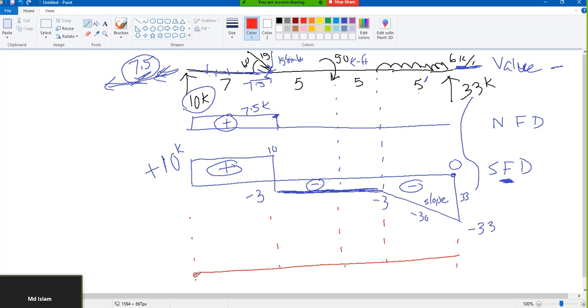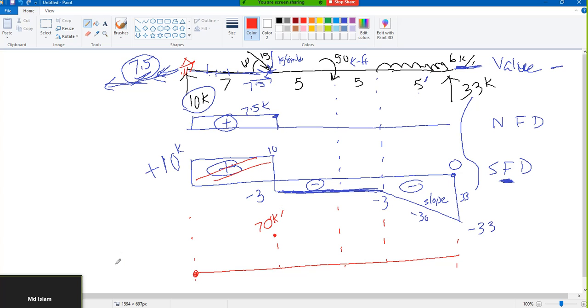At the beginning, what is my moment? 0. Why 0? That was a pin support. A pin support cannot take any moment, so 0. Then what is the area of this portion? 10 times 7, 70. So when I come here, my value is 70. Positive or negative? Positive, because this shear force is positive. So I will come somewhere here, 70 kip-feet.